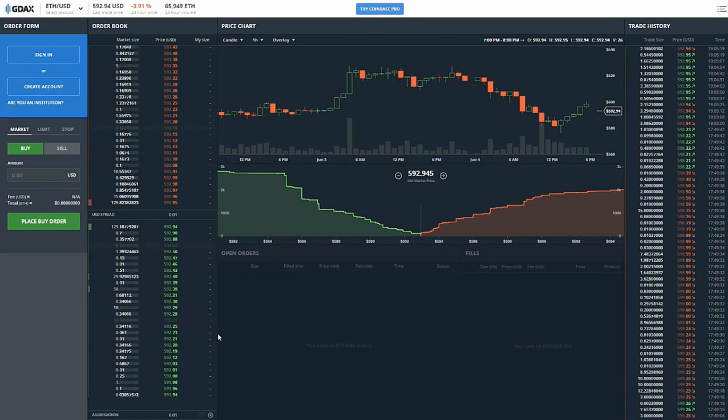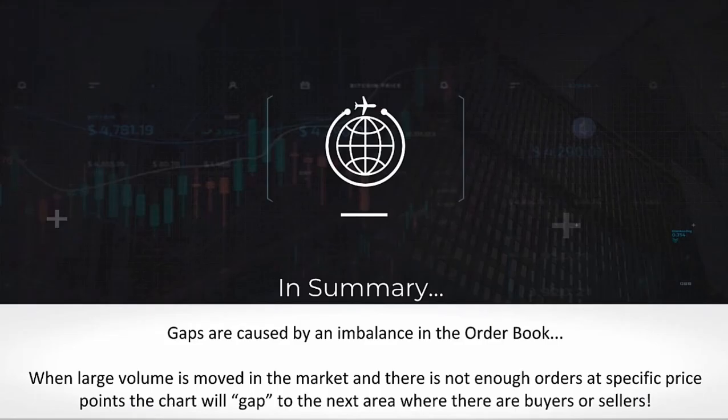If there is no liquidity at the specific price level that you are looking at, and it just so happens that the market gaps, then it's natural for you to get filled at the next best possible price after the market environment stabilizes. In summary, gaps are caused by an imbalance in the order book.